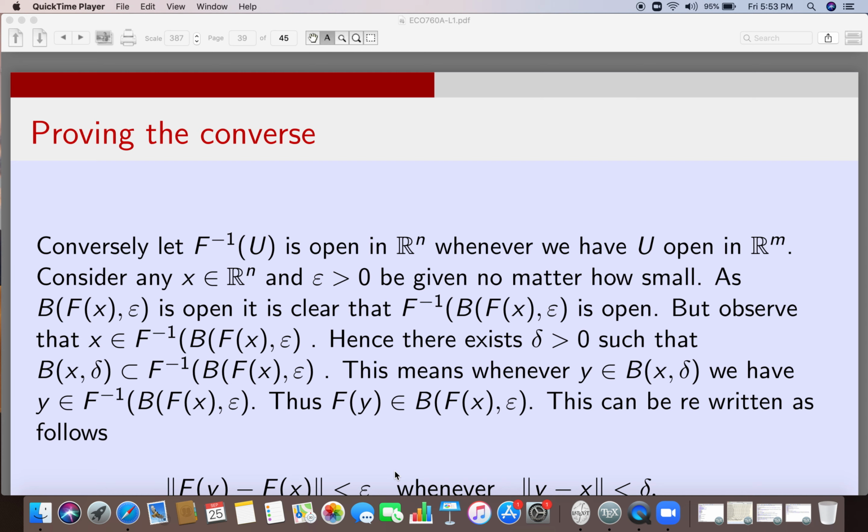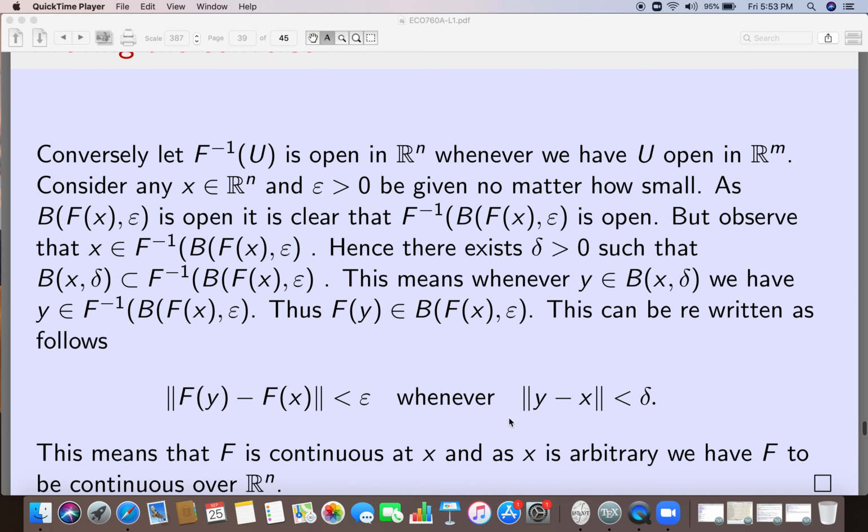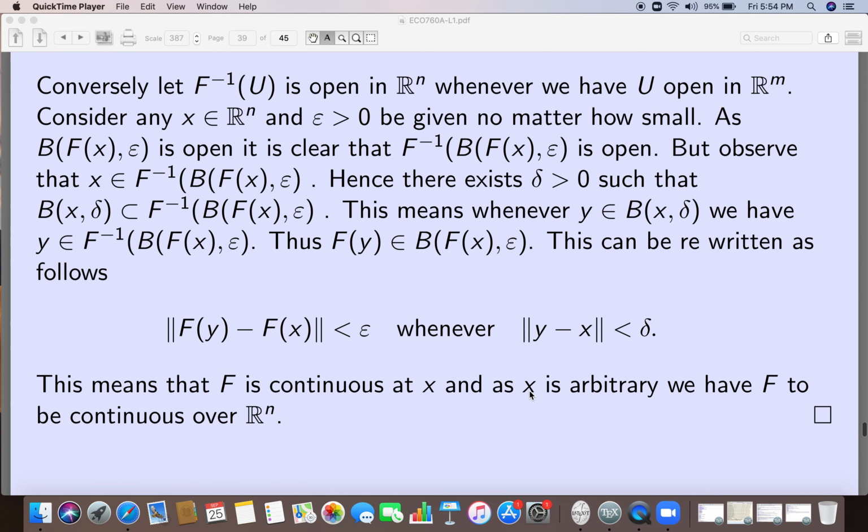Which means whenever I choose a y in B(x, delta), y at the same time belongs to F inverse of B(F(x), epsilon), which means F of y belongs to B(F(x), epsilon). This can be written as norm of F(y) minus F(x) strictly less than epsilon, whenever y satisfies the definition, norm of y minus x strictly less than delta. And because x was arbitrary, we have proved it.